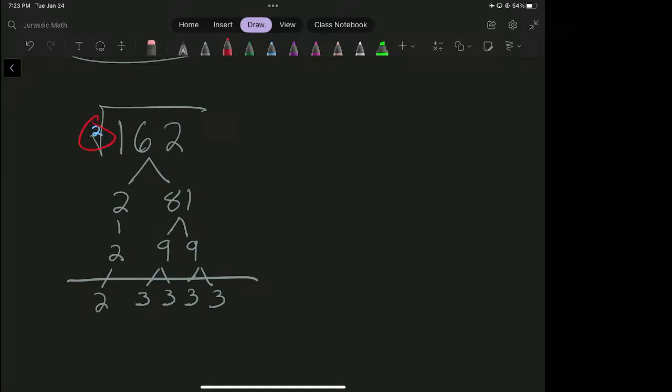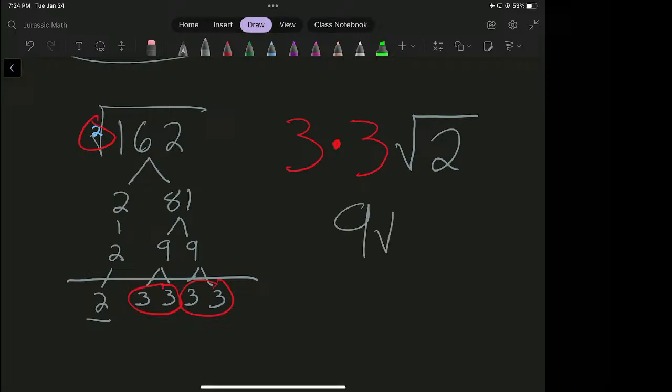Now, if you remember, there's a little invisible 2 here. That means we're looking for pairs. There's a pair of 3s, so I write 3. Times, there's another pair of 3s, another 3. Well, there's no more pairs left. So that means I write my square root symbol, and I put the last number, 2. And then I combine my like terms. 3 times 3, 9, square root of 2.